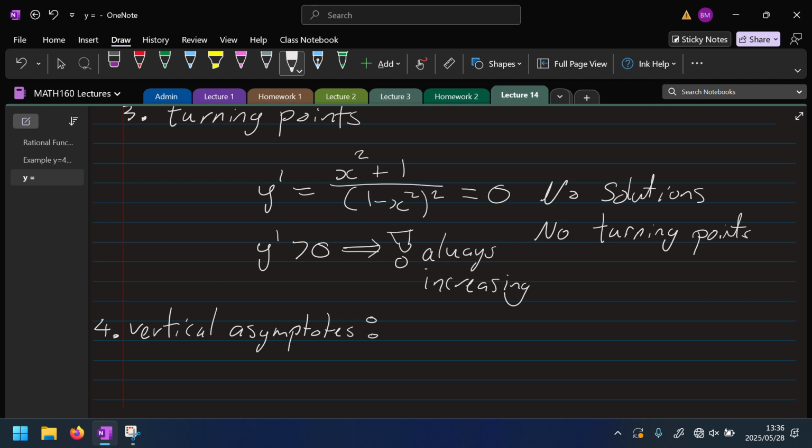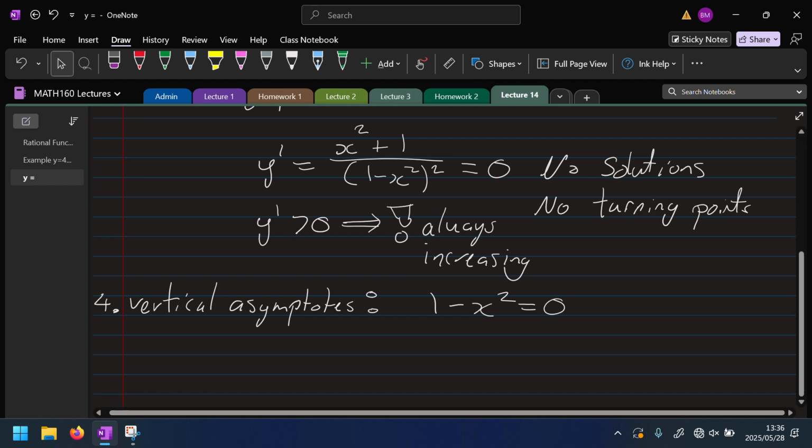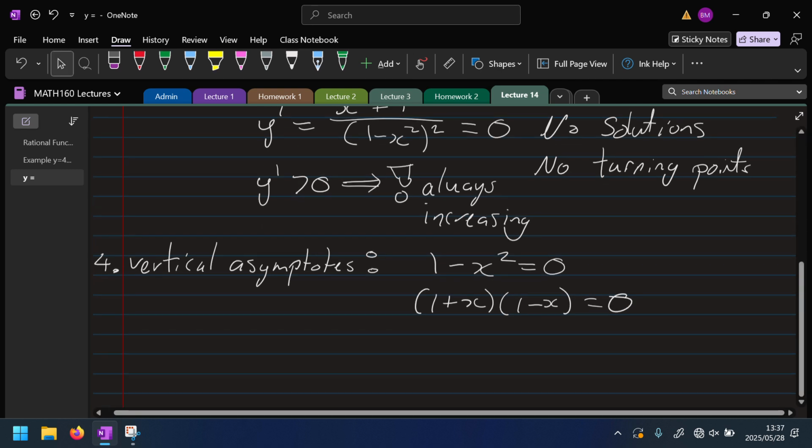Okay, so vertical asymptotes, that is what happens when the bottom part or the denominator is 0. So we're looking for solutions where 1 minus x squared is 0. Right, I just took the bottom part. We can factor this. So this is going to be (1 plus x)(1 minus x) is equal to 0. That's going to give us two solutions, and so two vertical asymptotes.